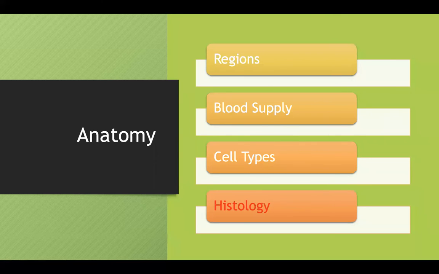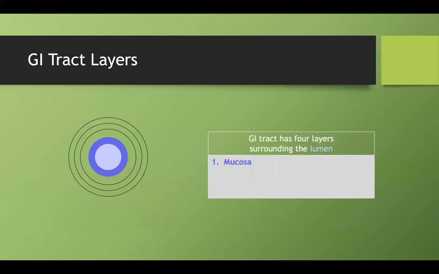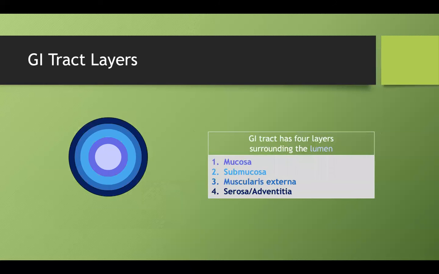The last anatomical subsection I want to discuss is small intestine histology. Here's a review that you might be sick of by now if you've watched some of the other lectures, but we have a lumen, a mucosa, a submucosa, our muscular layer, and finally the serosa or adventitia.